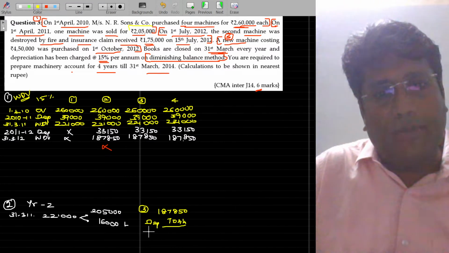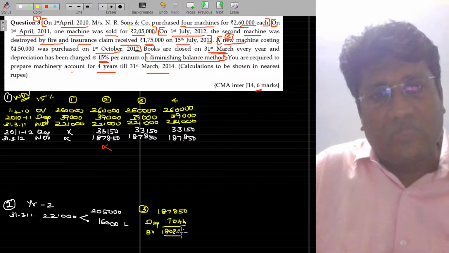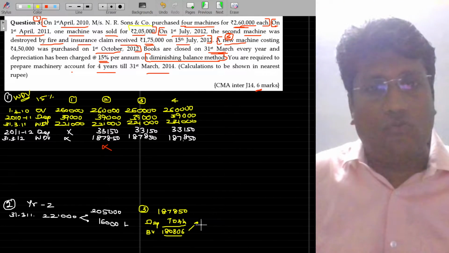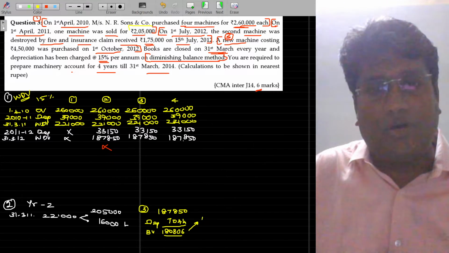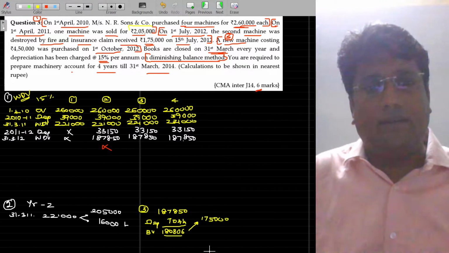That comes to 7,044. Now the WDV or book value as on the date of the fire accident is 1,80,806. And the insurance claim received is 1,75,000. We get less than its real worth.